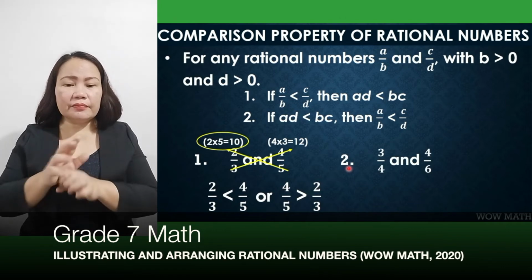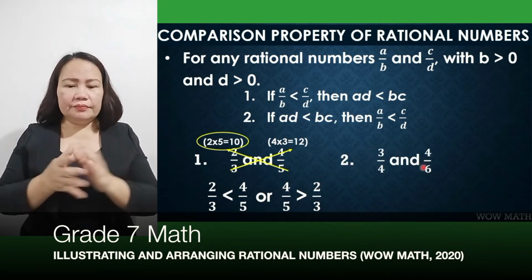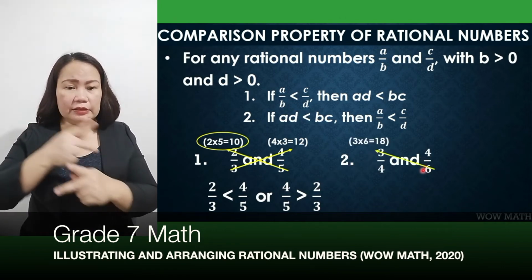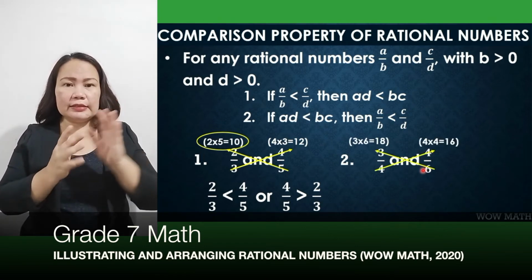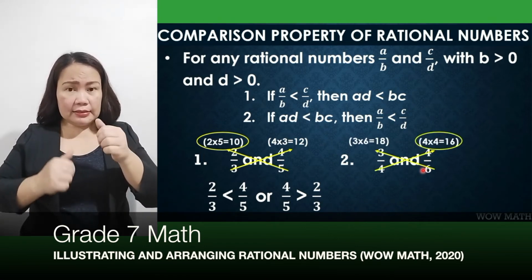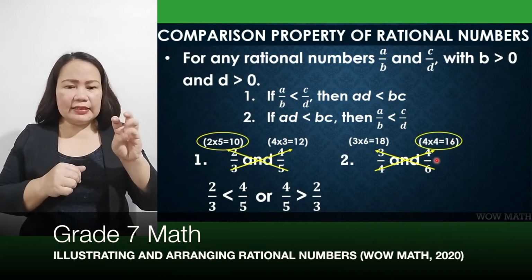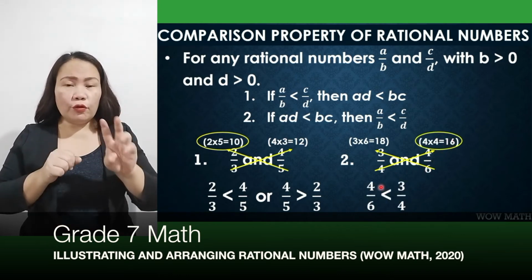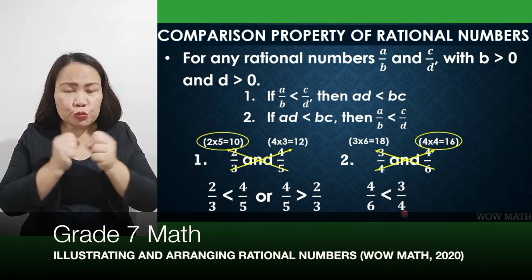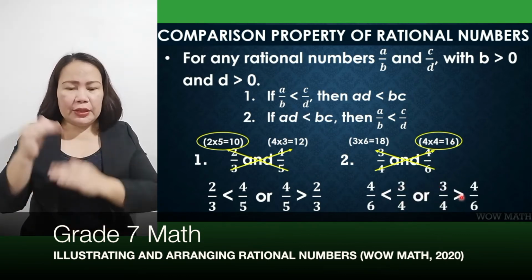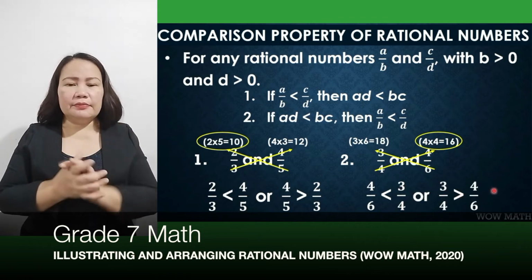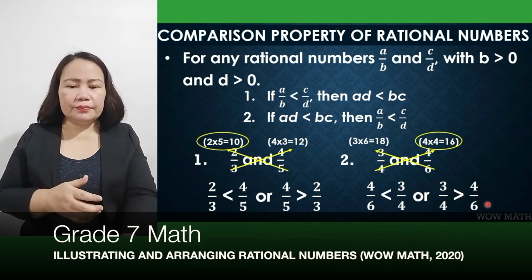Another example. 3/4 and 4/6. So, this is 18. This is 16. So, which is less than? We have this. So, nandito siya. So, therefore, 4/6 is less than 3/4. Or, pwede rin namang 3/4 is greater than 4/6. Okay.